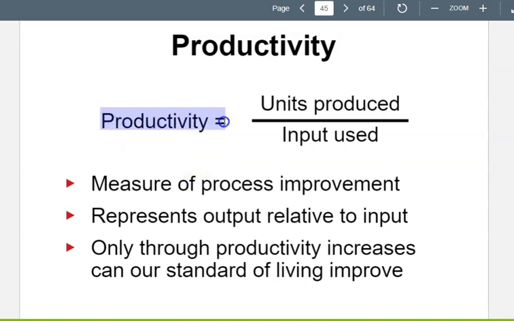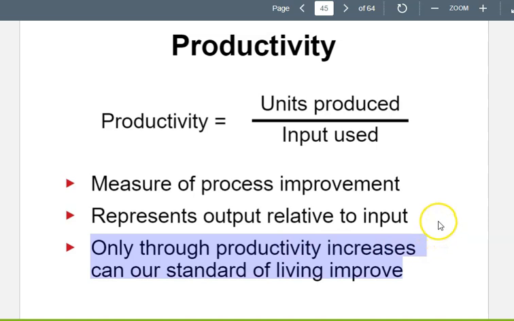So this is the formula we use for productivity. Units produced or outputs divided by your inputs, the resources you use. It is a measure of process improvement. It represents output relative to input. Only through productivity increases can our standard of living improve.